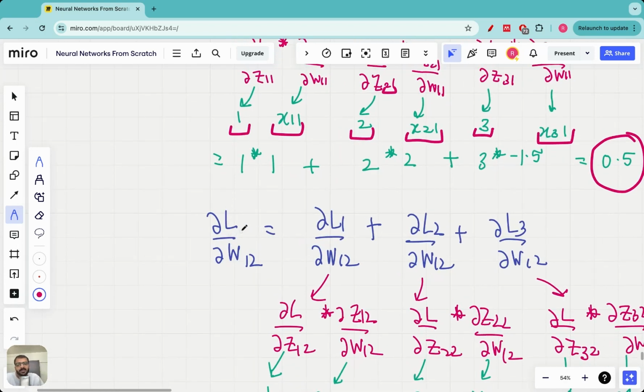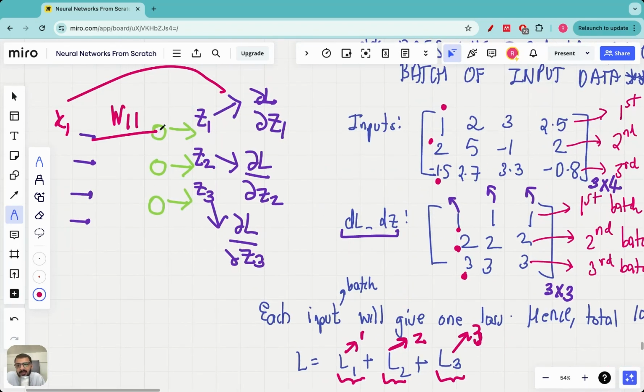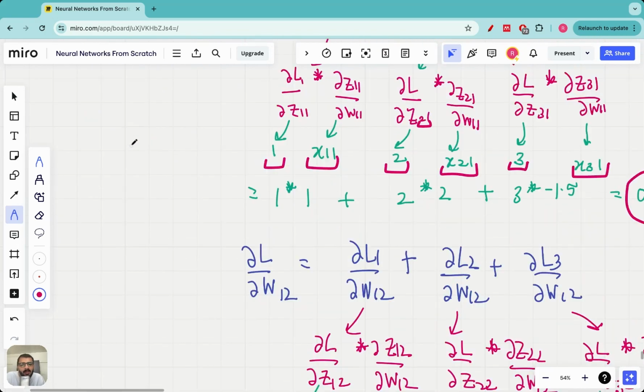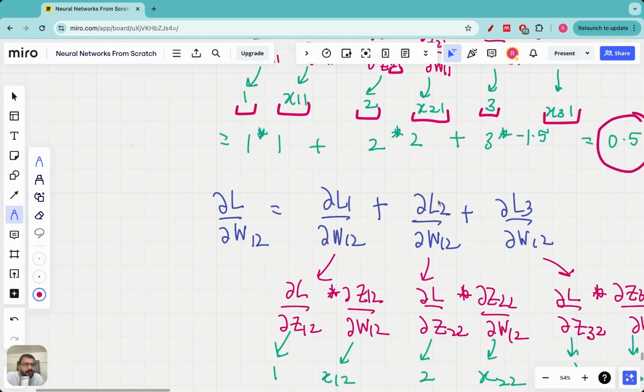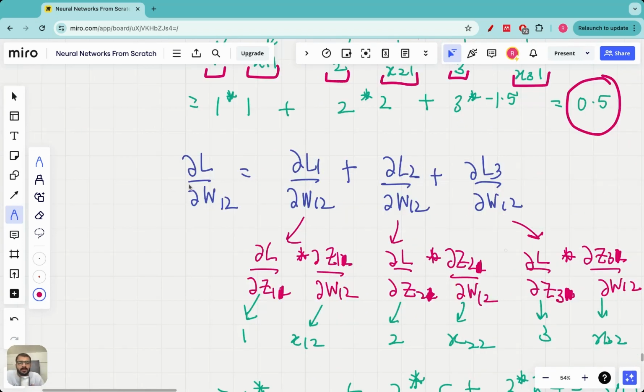Here again, the partial derivative of loss with W12. Remember, W12 is again the first neuron, but we are looking at its connection to the second input. So it will be the summation of partial derivatives with the three input batch losses. The first term is the partial derivative of the first input loss with respect to W12.